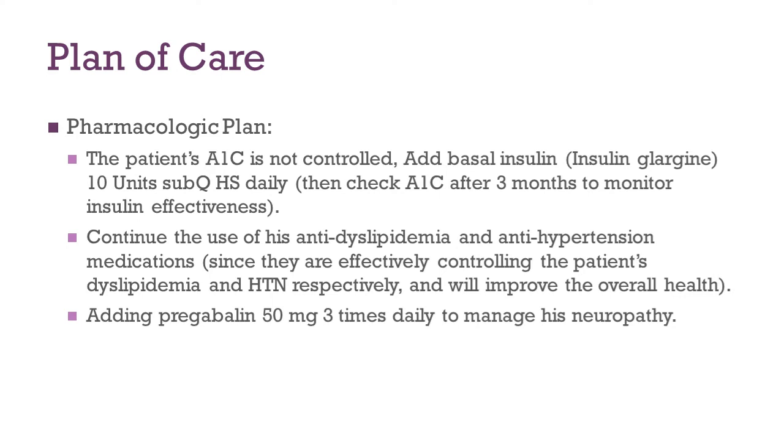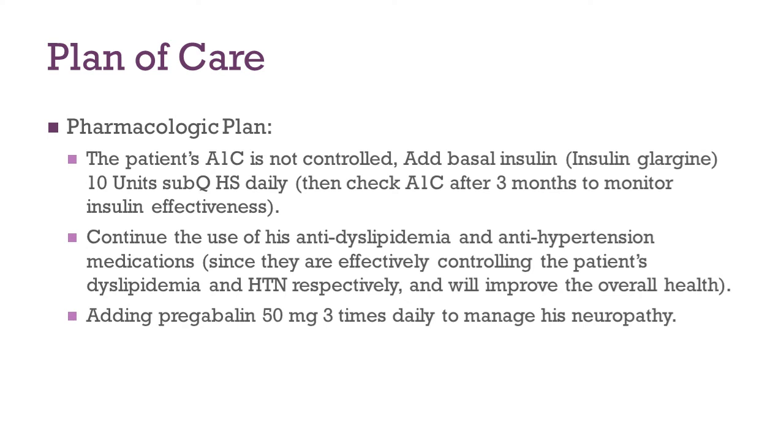To achieve our goals, a pharmacologic plan has been constructed. From a pharmacy standpoint, the patient A1C is not controlled, and adding basal insulin glargine, at a dose of 10 units subcutaneously at night, daily, and then we would like to check the A1C 3 months to monitor insulin effectiveness.